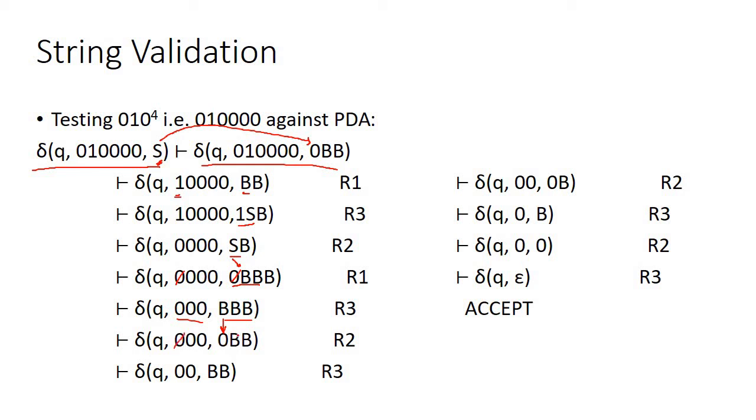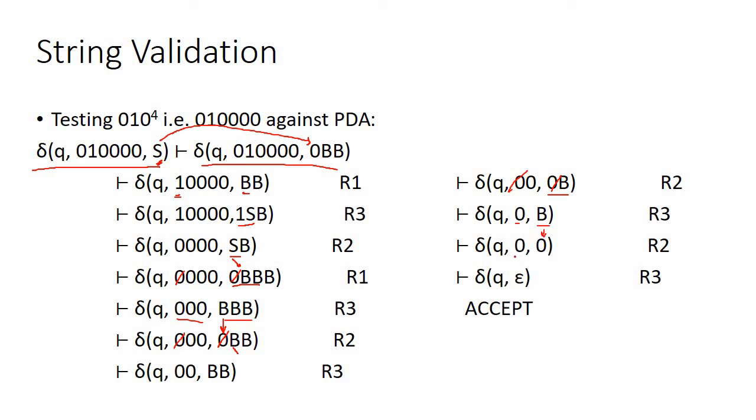So here we are cancelling out 0 by using the popping out production, and then we are replacing B with 0B, again popping out this 0. Now we are having 0 and a simple B, and B is going to be reduced into 0.